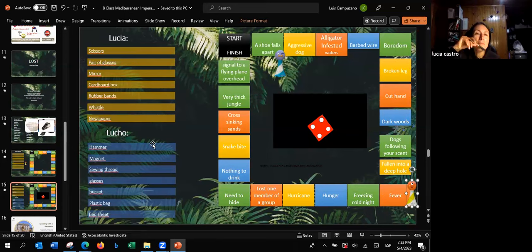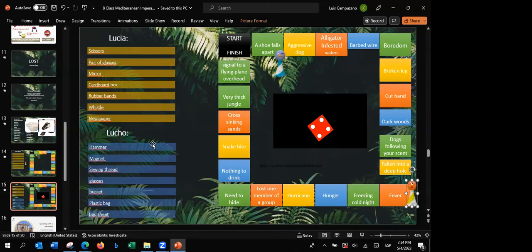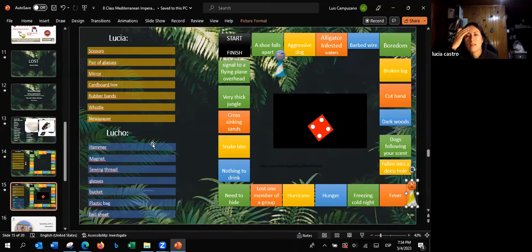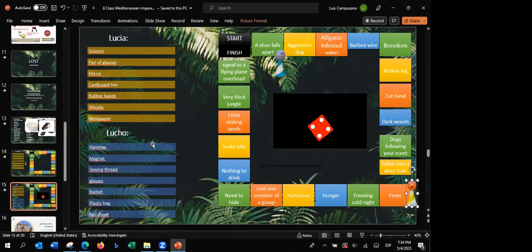Maybe the cardboard box. And how would you use the cardboard box for the fever? How would you use it? How?